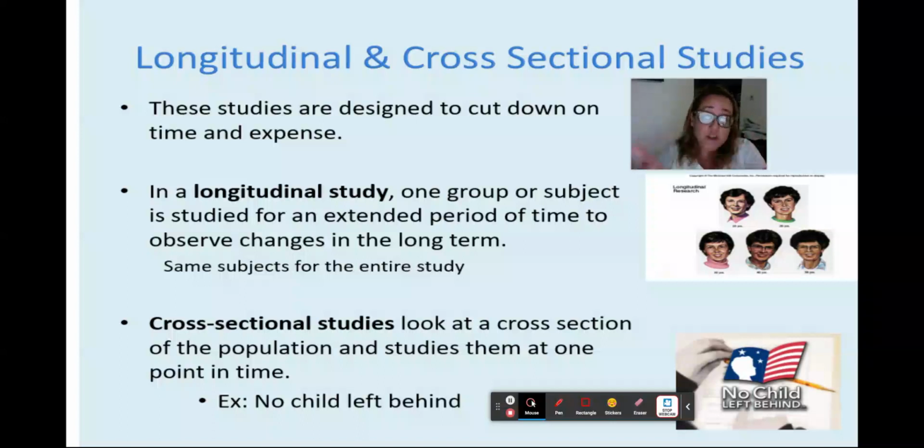The good thing about a cross-sectional study is that the collection of data is a lot faster and cheaper because you're getting the information right now. I'm not waiting for this 5-year-old kid that I have here. I'm not going to wait for him for 20 years to see what happens to him, right?